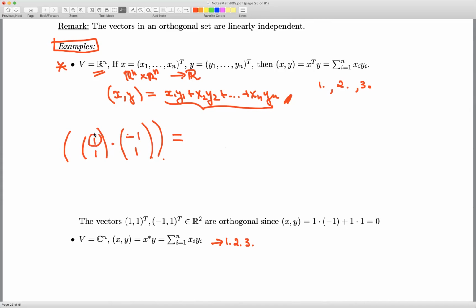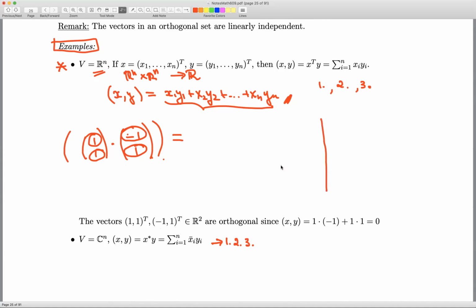The first coordinate of the first one times the first coordinate of the second, plus the second coordinate of the first one times the second coordinate of the second. So we have 1 times minus 1 plus 1 times 1, which is equal to 0, and therefore the pair 1, 1 is orthogonal to the pair minus 1, 1.